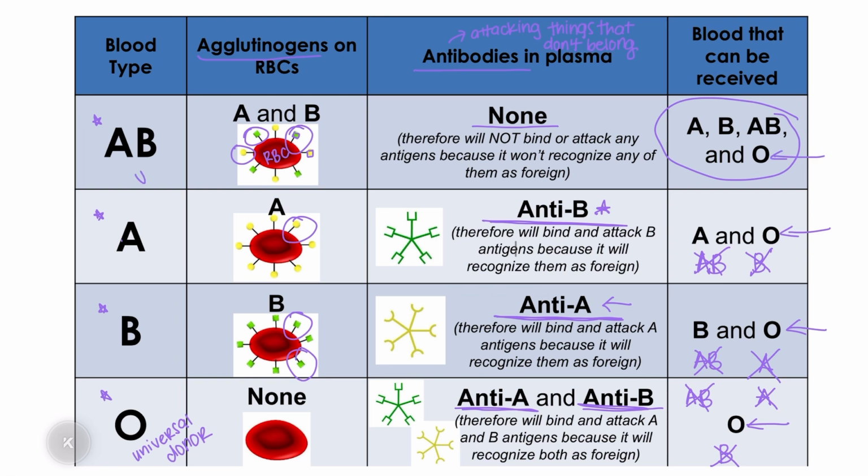And blood type AB is the universal receiver, I guess I spelled that right, because it can get any of the other blood types.